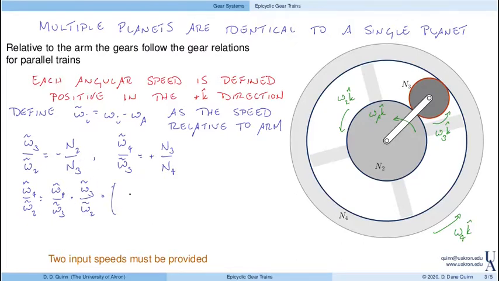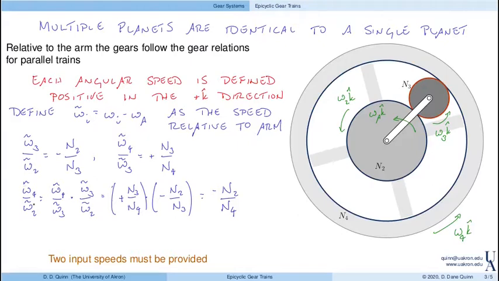Because of course these omega 3s would cancel out. So this becomes plus n3 divided by n4 times minus n2 divided by n3. And that becomes minus n2 divided by n4.